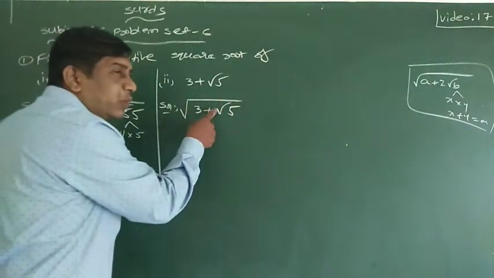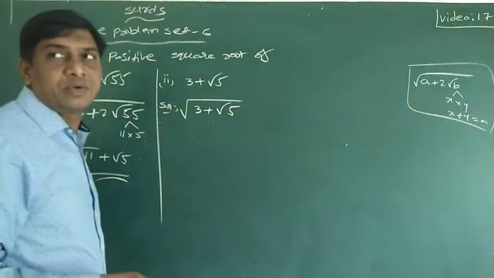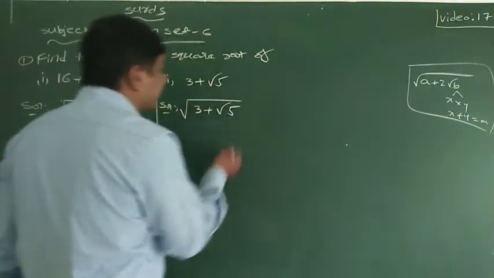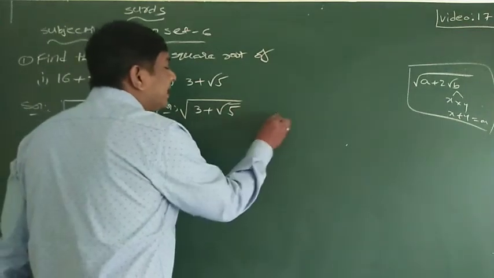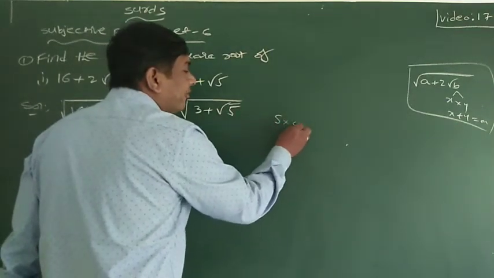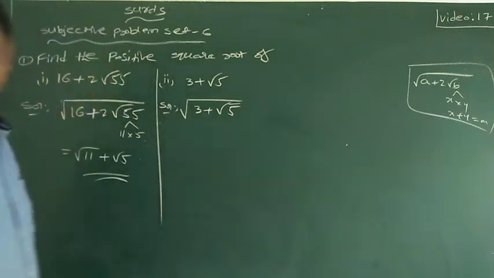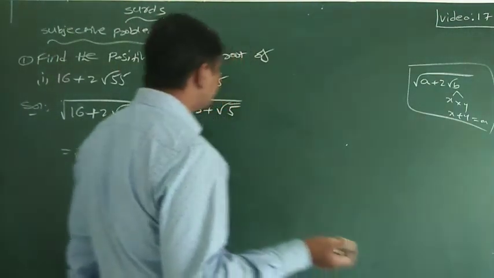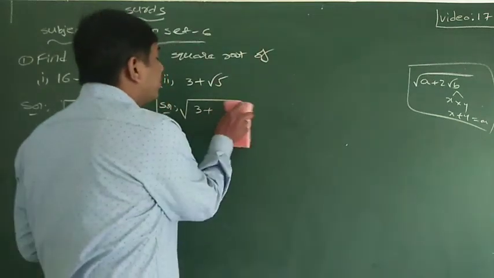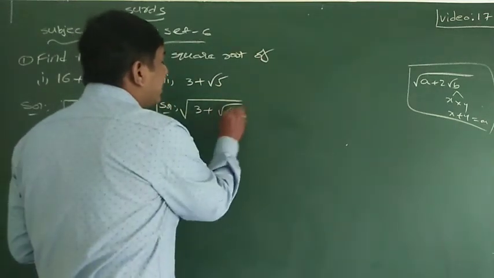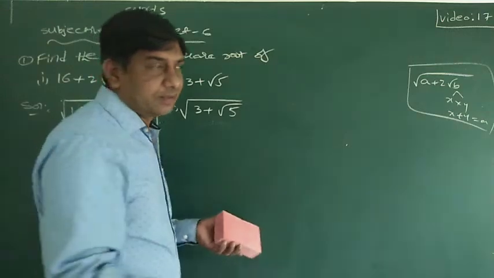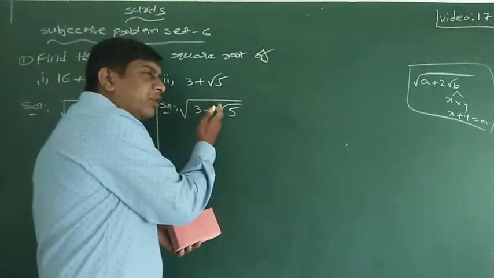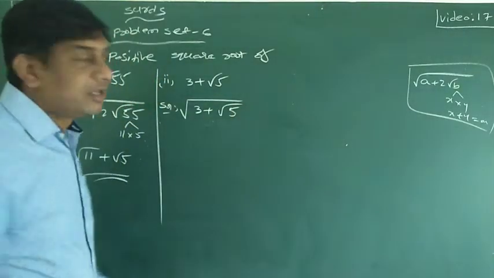I don't have a 2 as a rational factor. To take 2 as a rational factor, I can't simplify this 5 in terms of 4 or anything. So this root 5, I can't write as a product of squares to take 2 as common.